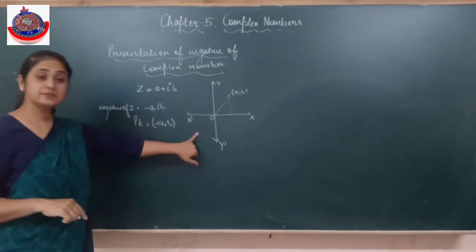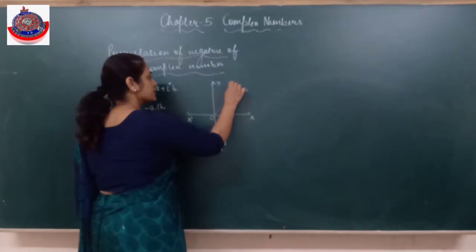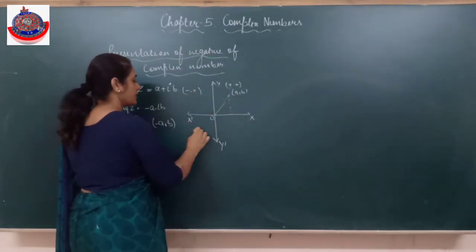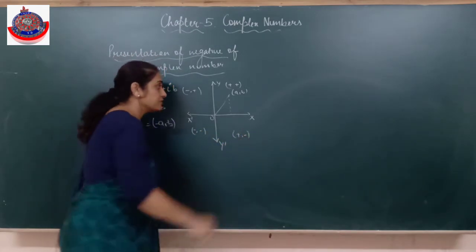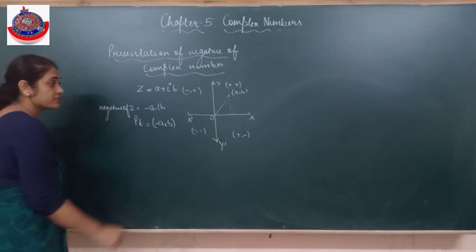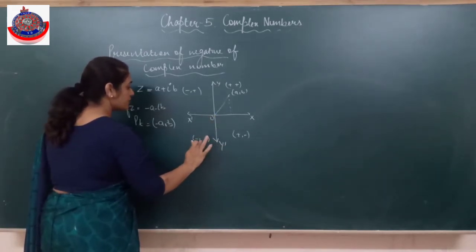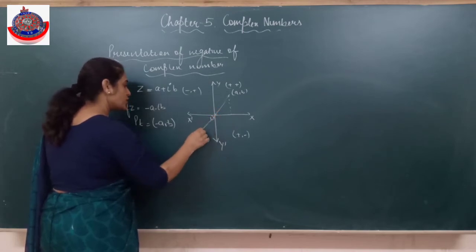Where does it come? In the third quadrant. We all know the signs: positive, positive; negative, positive; negative, negative; positive, negative. These are the coordinates, so it will come here. This will be the reflection of the point in the origin.